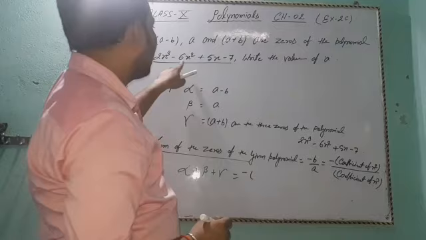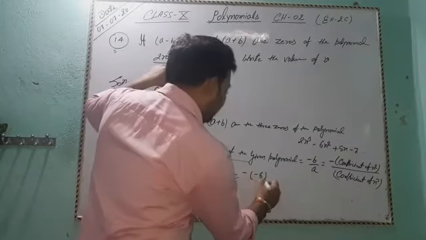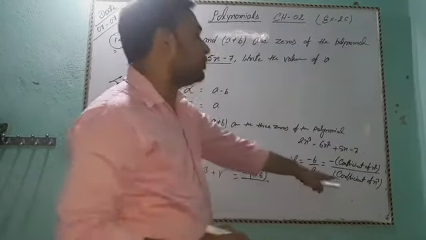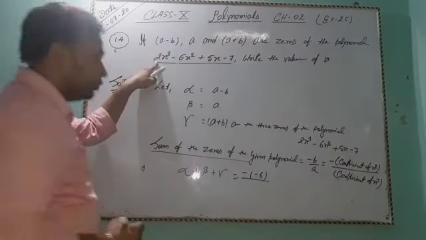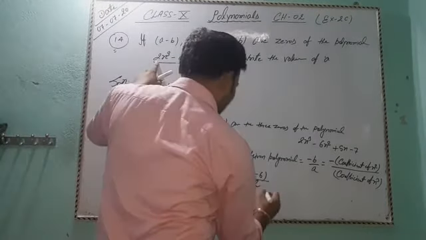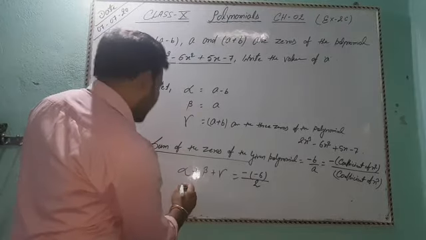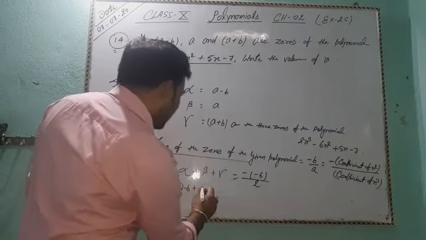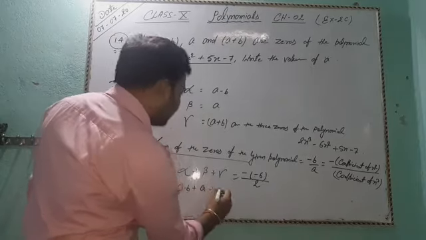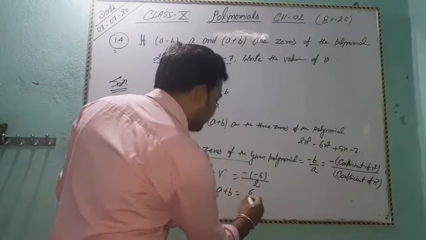The coefficient of x square is minus 6, so we write minus 6 divided by the coefficient of x cube, which is 2. Putting the values, a minus b plus a plus a plus b equals minus into minus, plus 6 by 2.